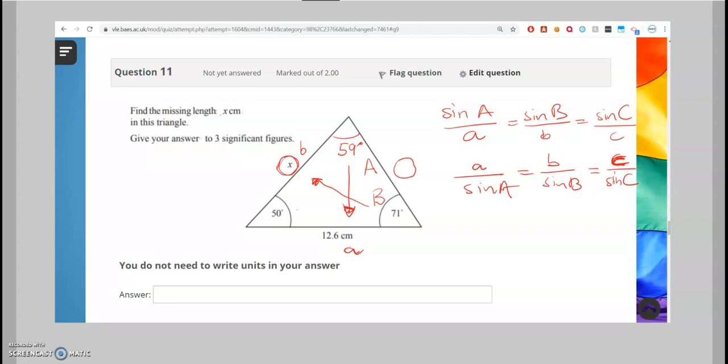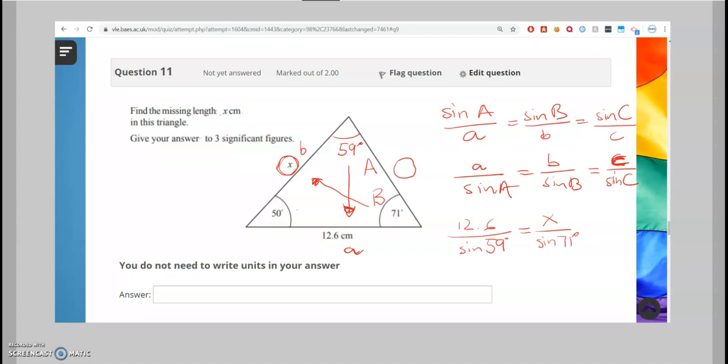So we'll write this as lowercase a, which is 12.6, divided by sine of 59 degrees is equal to x over sine of 71 degrees.